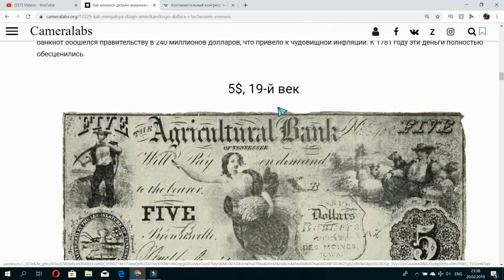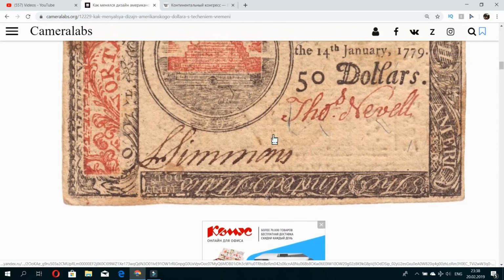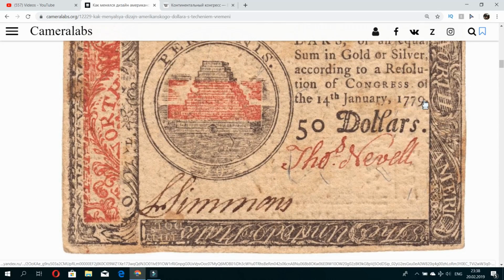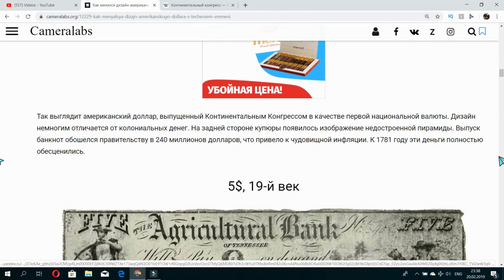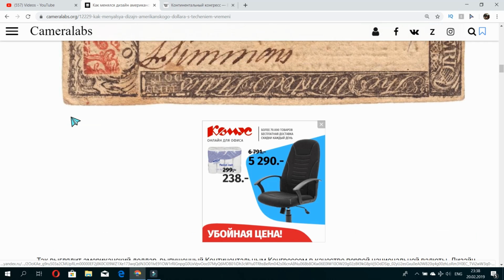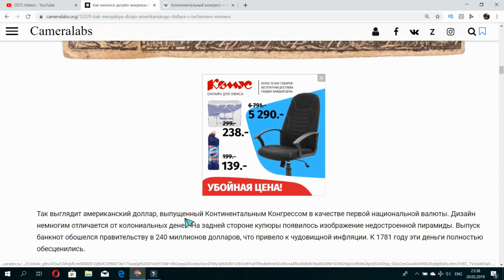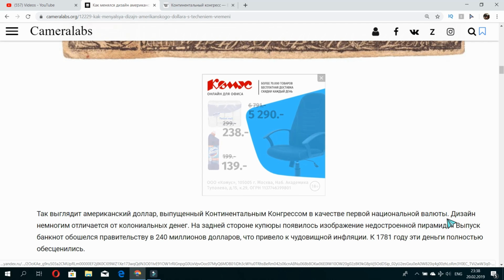So we see we have kind of a missing period since 1779. Those guys who wrote this article say that this is how it was looking, the dollar that was made by the Continental Congress as the first national currency.